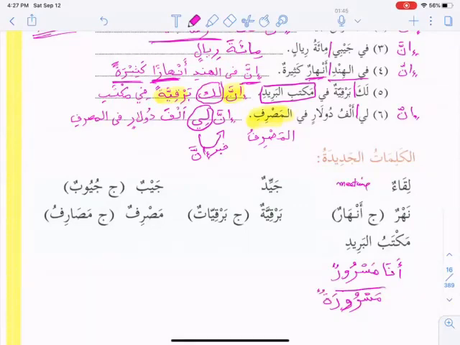Ana masrurun bi liqa'ika, or whatever you want to say. Ana masrurun bi liqa'ika. I am happy to meet you. Remember this sentence, very beautiful sentence. And the sister will say, Ana masruratun bi liqa'ika. Just say it and use it, inshallah.